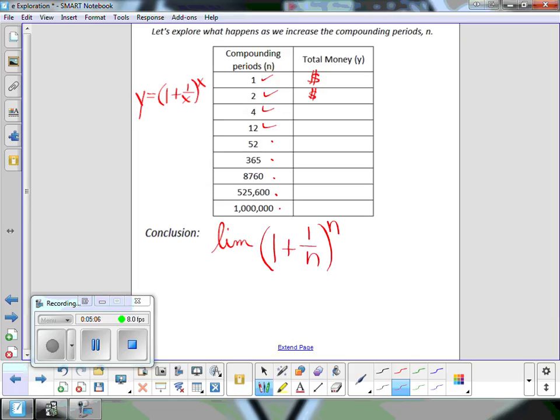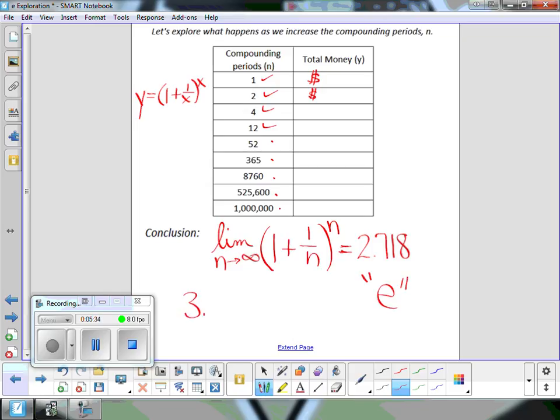LIM basically means that we're finding the limit of this function as the variable n gets closer and closer to infinity, which means that n is going to get larger and larger without bound. And as that happens, it tapers off at around 2.718. And that value is called e.